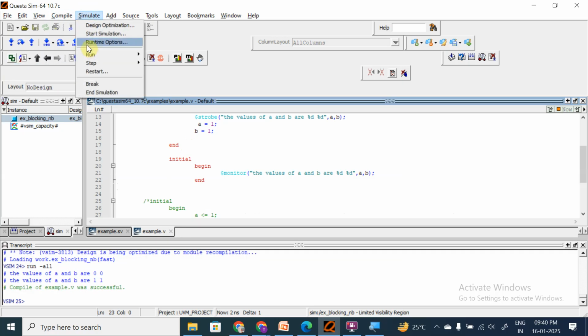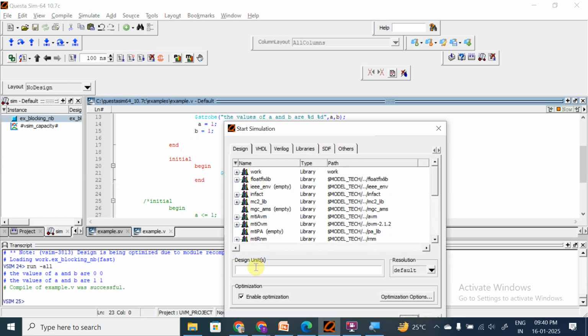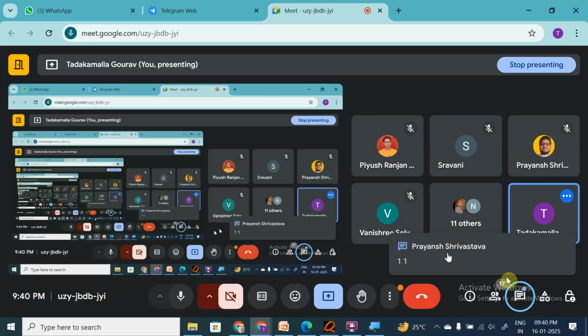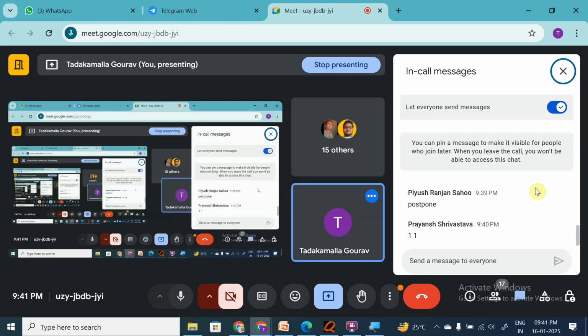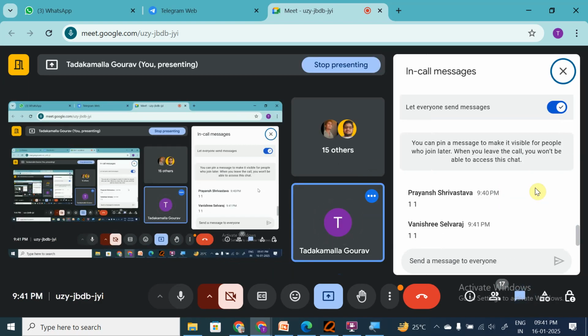So what may be my values now? I'm using $monitor in another initial begin block.